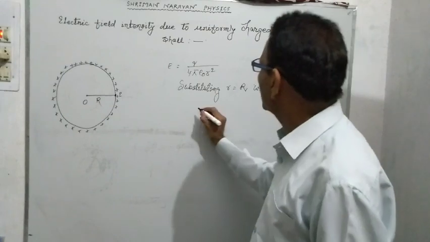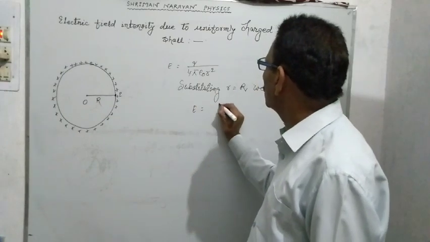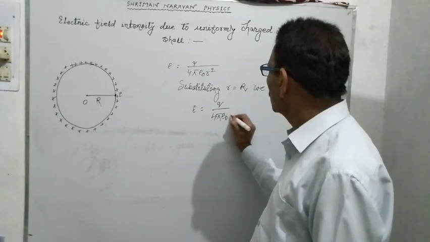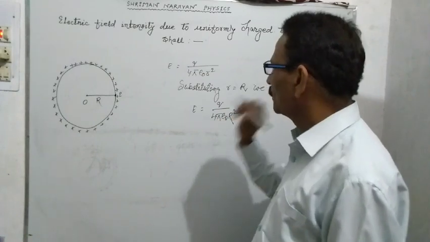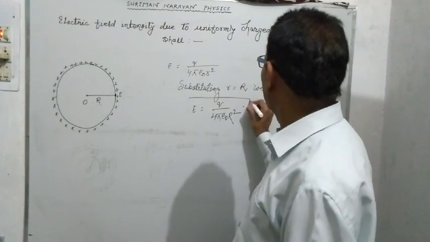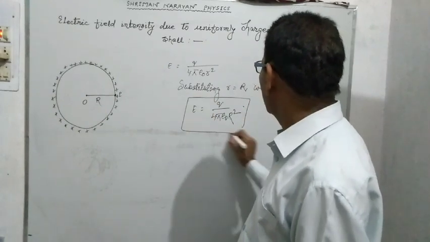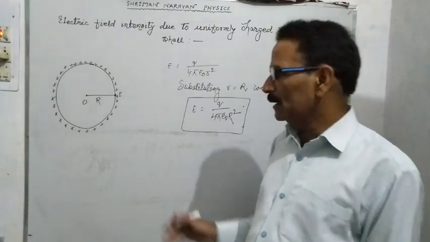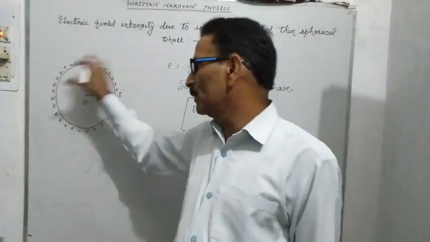We get the relation E is equal to Q by 4 pi epsilon naught into R square. So this is the required formula for the electric field intensity at any point lying on the surface of this thin spherical cell.